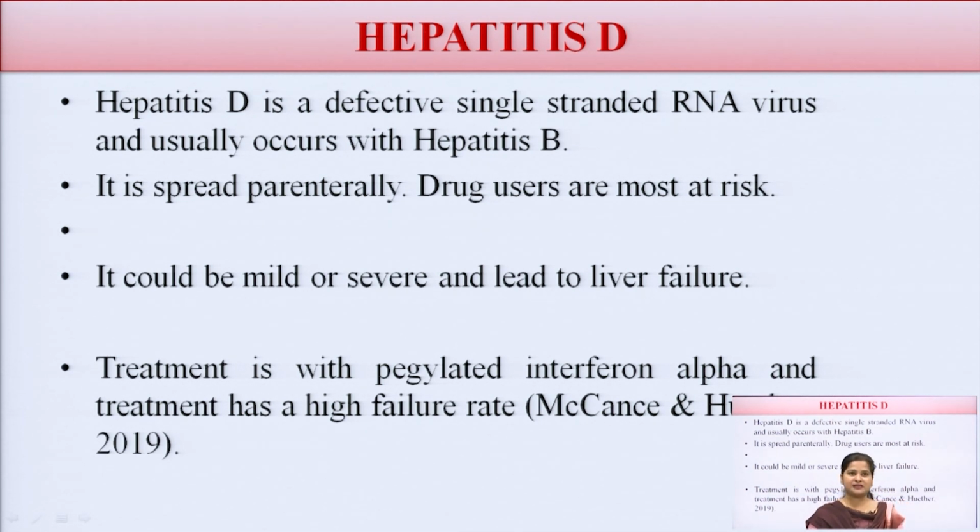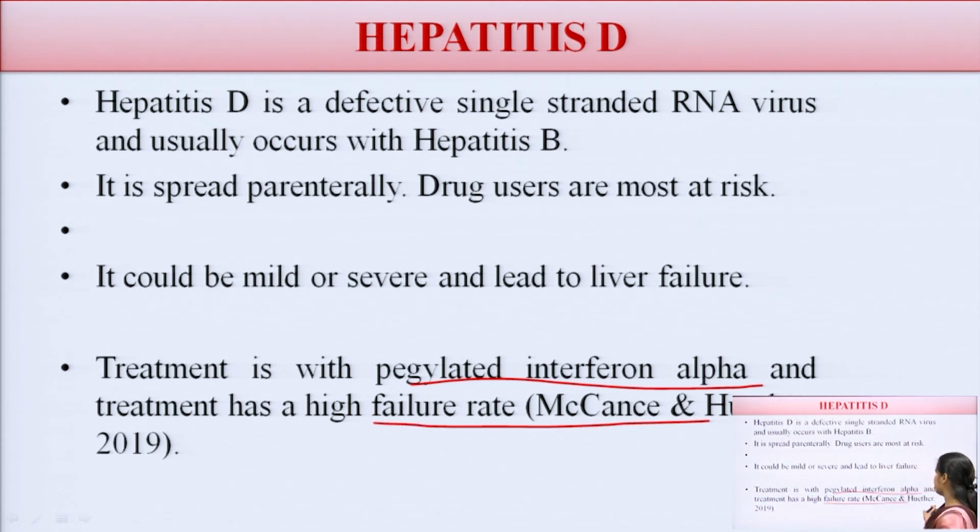Drug users have the most risk of this kind of hepatitis D. It could be severe or lead to liver failure, and the treatment is with pegylated interferon alpha, and the treatment has a high failure rate, as denoted by McCain and Hitter.